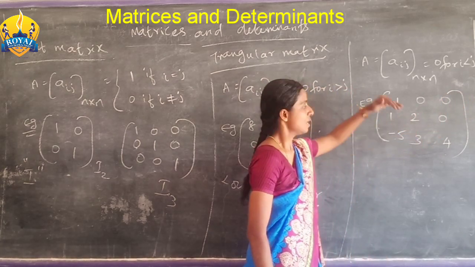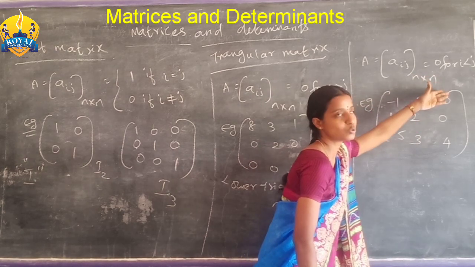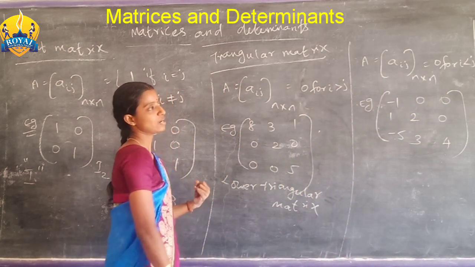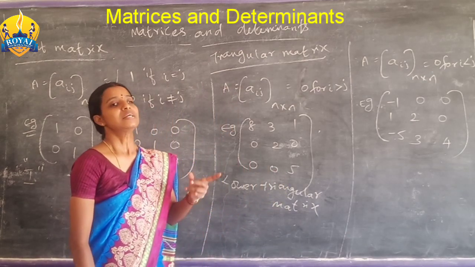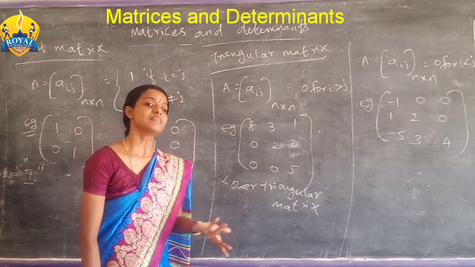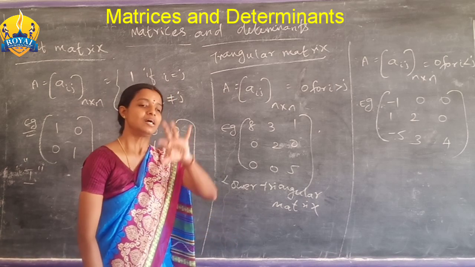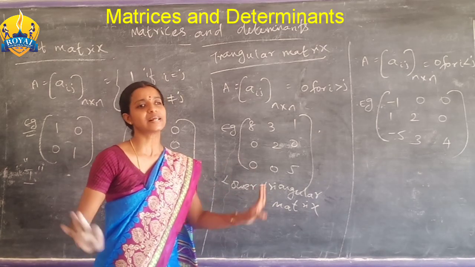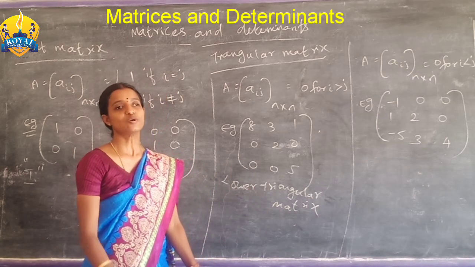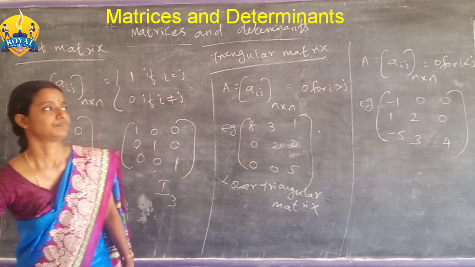If all the elements above the main diagonal are 0, it is called a lower triangular matrix. A matrix which is either upper triangular or lower triangular is generally called a triangular matrix.